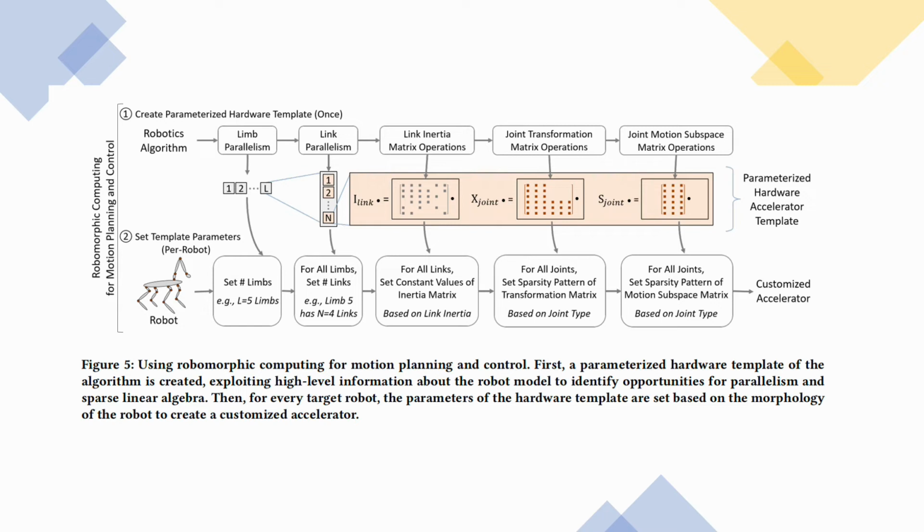So we can see a coincidence for step 1 and step 2 together. For the limbs they're going to set the limbs, and then they're going to set the links, and then for the inertia matrix operations they need to set constant values. So it's like a customized accelerator involving step 1 and step 2 together.